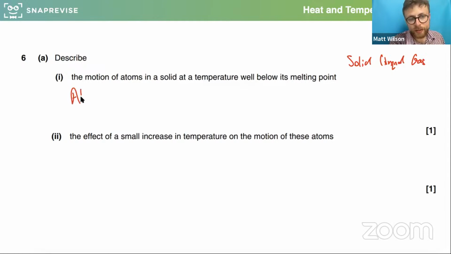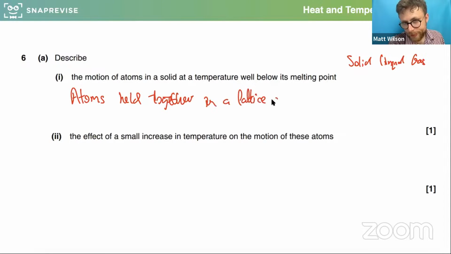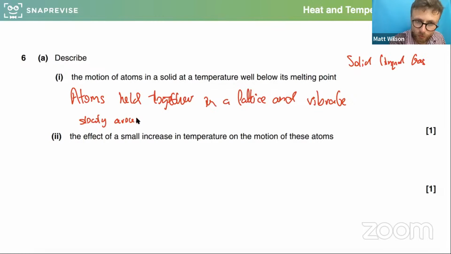So atoms held together in a lattice vibrate slowly around their equilibrium points, their equilibrium positions.